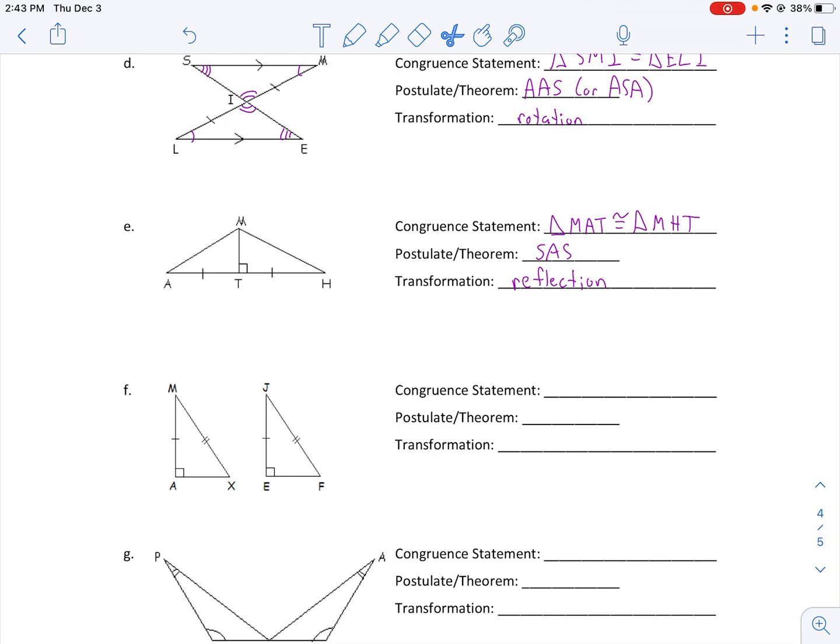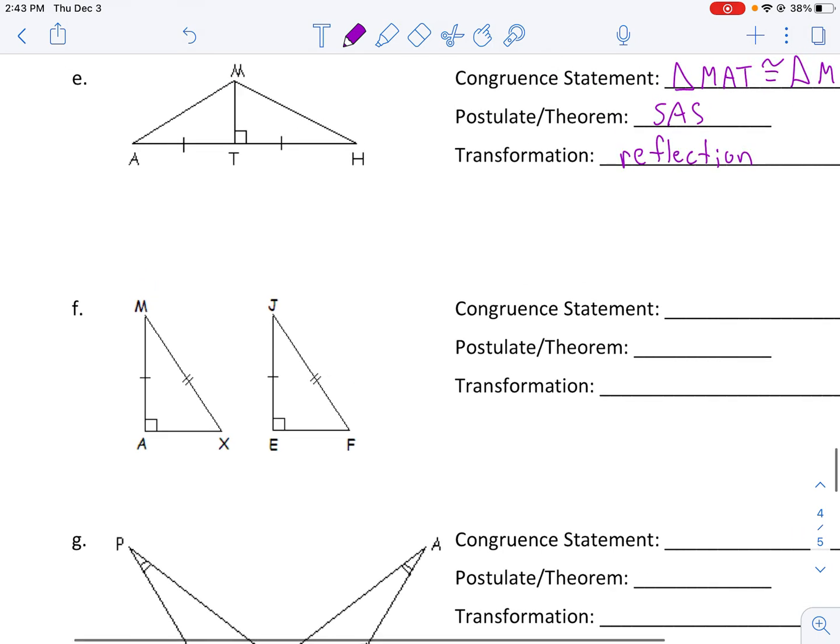Okay, F. Now we have a right triangle here, so that should scream at you what we're going to do. This is going to be hypotenuse leg. It wouldn't have to be, I guess, but here's our hypotenuse. They're congruent to each other, and then one of the legs are congruent to each other. So this is hypotenuse leg theorem. This triangle is just moved over to the right, so our transformation is a translation.